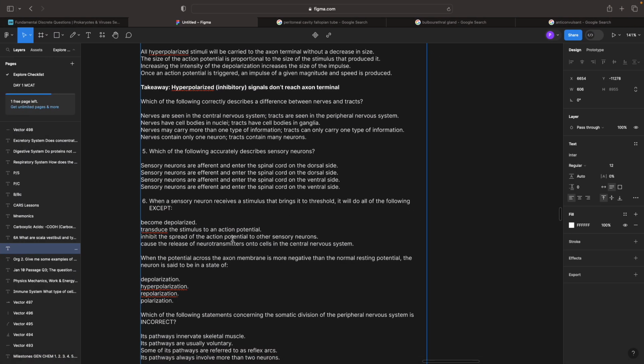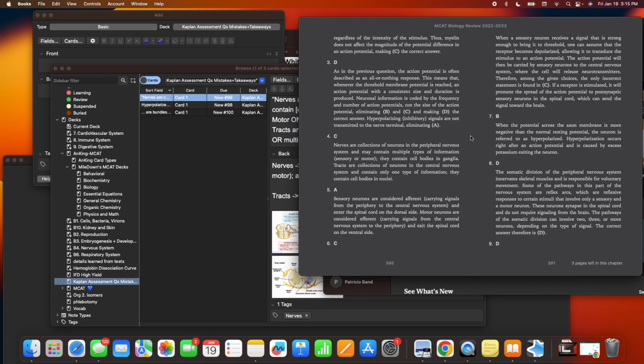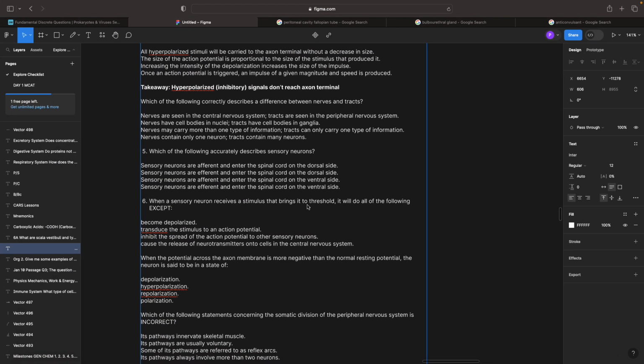So inhibit the spread of action potential to other sensory neurons. That's what is incorrect. It will actually cause the release of neurotransmitters onto cells in the CNS.